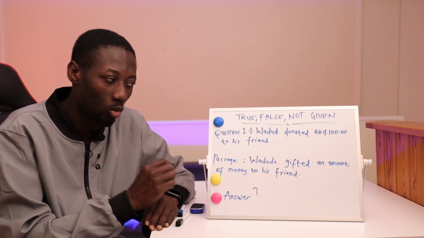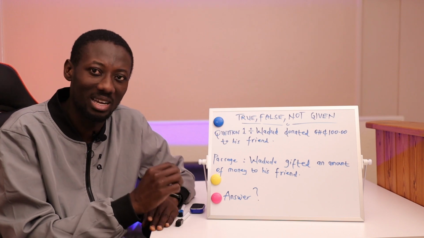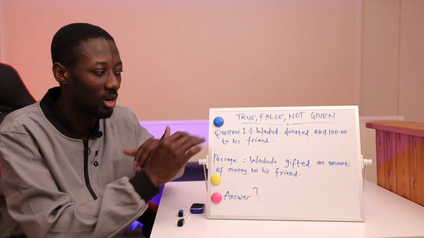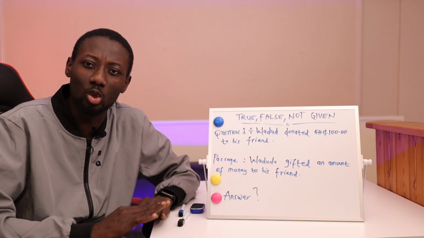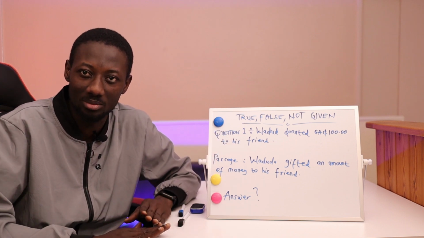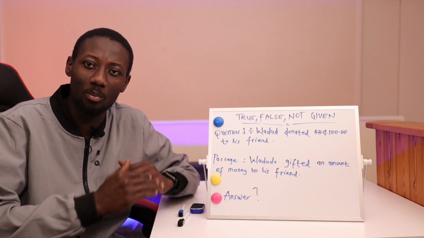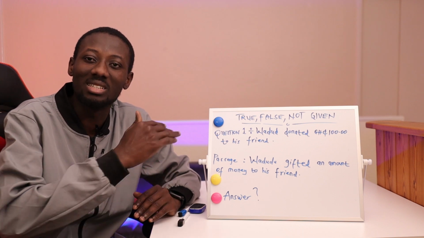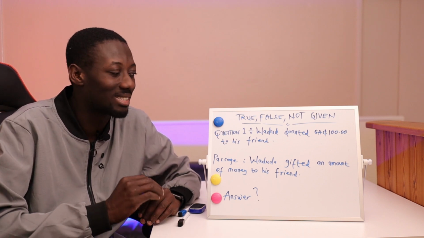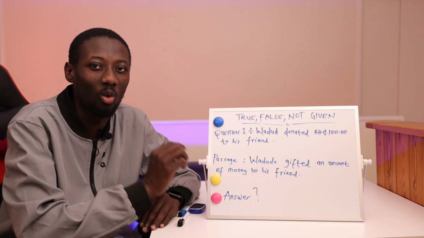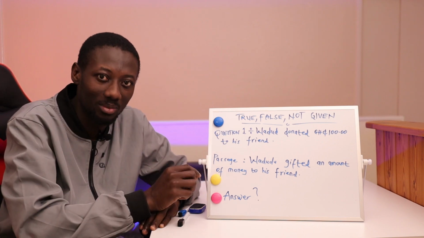So we have a passage, and under the passage, we have this question. Now, what are you supposed to do under true, false, not given? As an IELTS student, your responsibility is to go and search through the passage and see where this statement has been made.